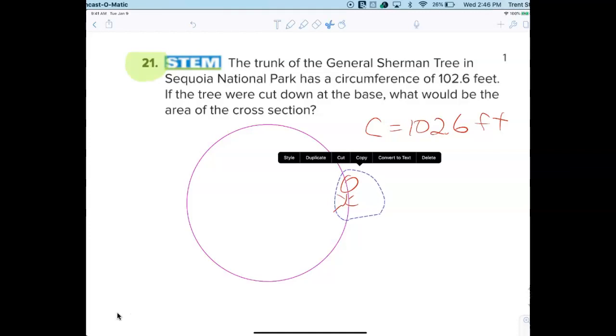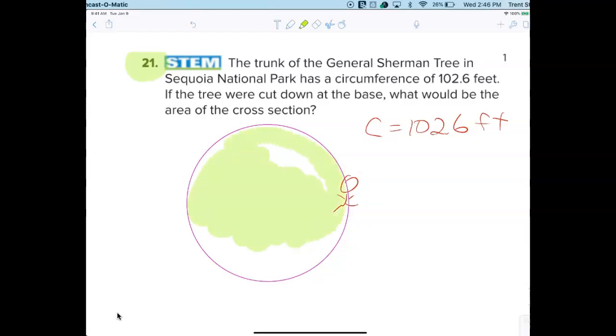Now, the question remains is we're trying to find what the area is. So now you should be able to tell me what the formula is for area of a circle. What's the formula for area of a circle again? A equals pi r squared.